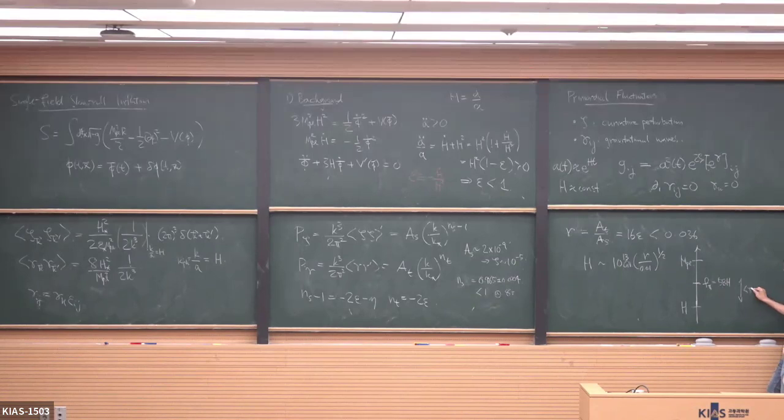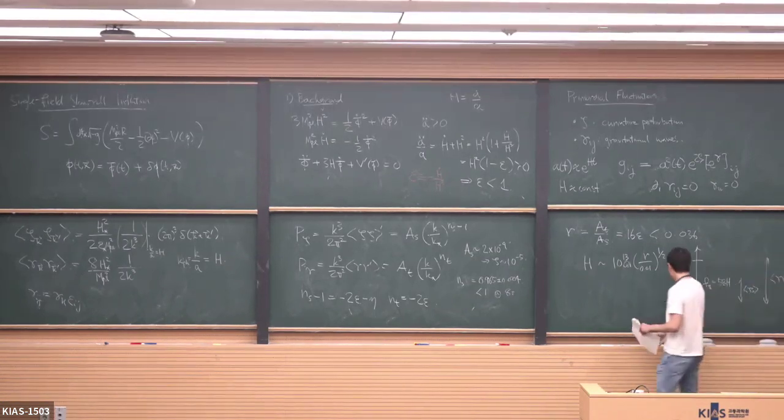We know this because the ratio is basically set by the amplitude of the 2-point function. The ratio between the Planck scale and the Hubble scale is set by the tensor 2-point function, which is not measured yet.